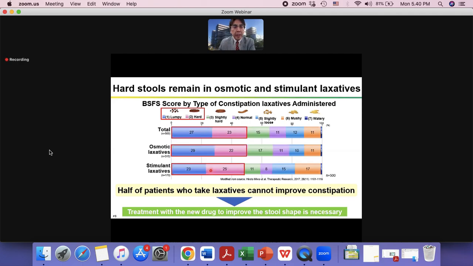That is a very serious problem. Only 8 or 11% show type 4 normal stool. So treatment with a new drug that improves stool shape is necessary, which is good for patient satisfaction.